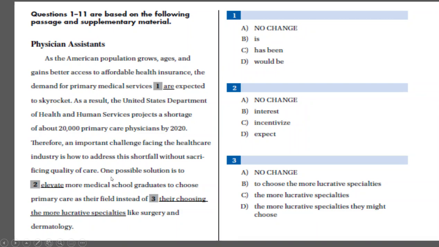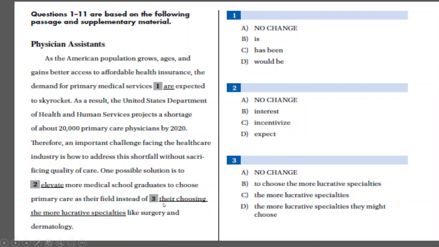And number 2, one possible solution is to elevate more medical schools. And you have a question on elevate, whether you keep it as it is or you change it with interest or incentivize or expect.